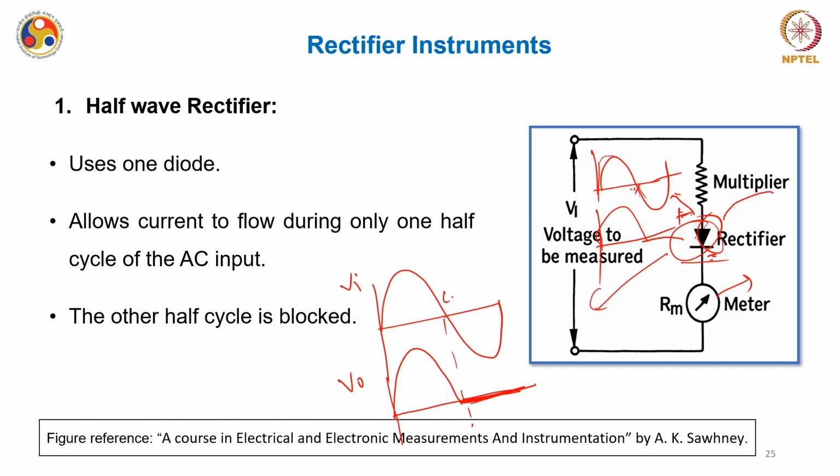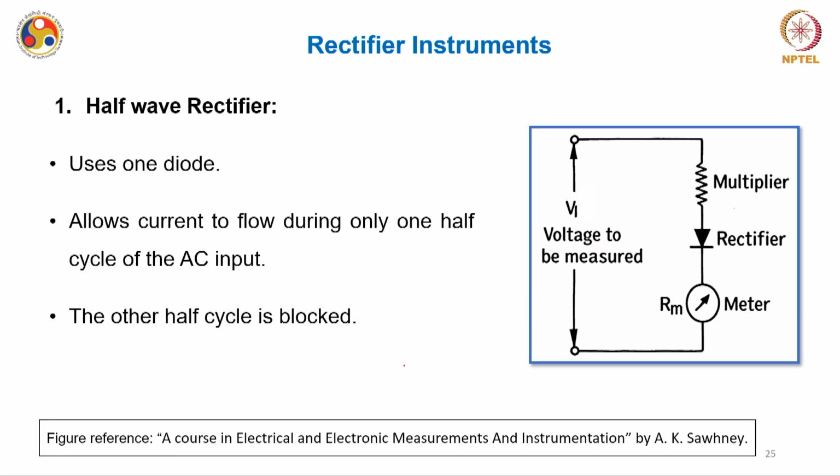So say this is T by 2 for the time being, and this is T. Till T by 2 you have this conduction and in the other half it is 0, there is no output, and that is why I am saying that the other half cycle of this input voltage is now blocked, and it allows current to flow during only one half cycle of the AC input.